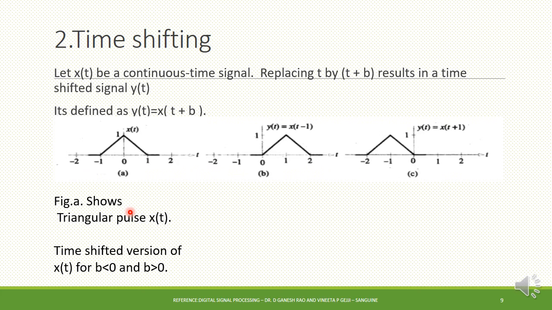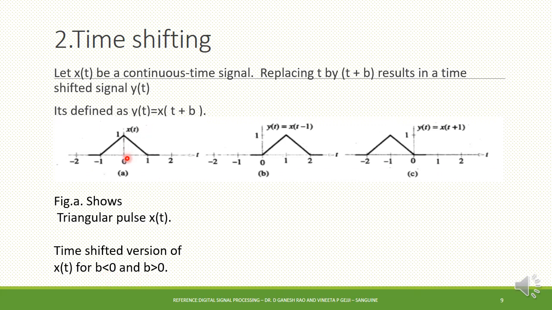Figure A is a triangular pulse of x of t. Here we have the time shifted version of x of t for b less than 0 and b greater than 0.